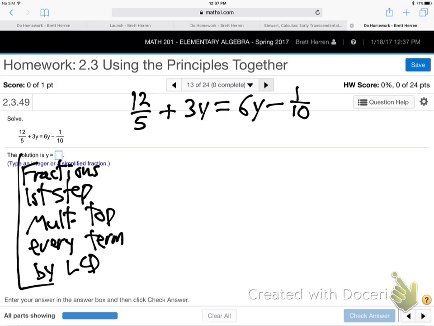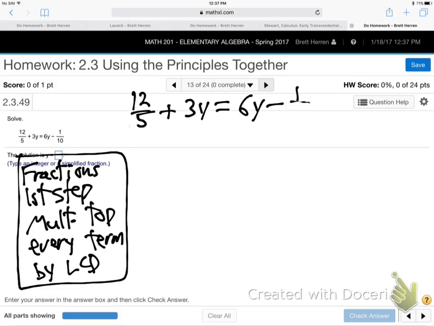That's your first step. So as you look at those fractions, I'm looking at a 5 and a 10. So what's the LCD for 5 and 10? What's a number 5 and 10 both go into? 10. You want the bigger one.